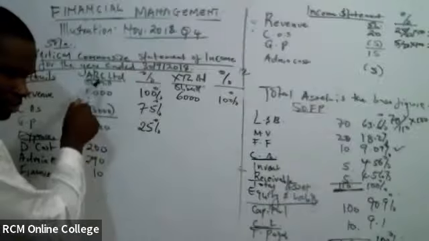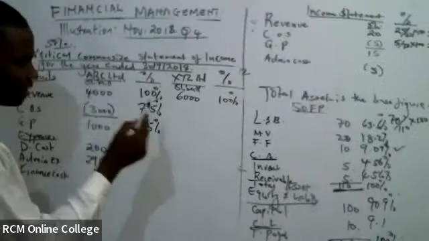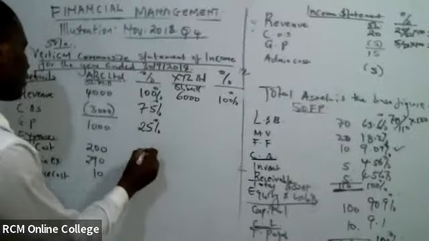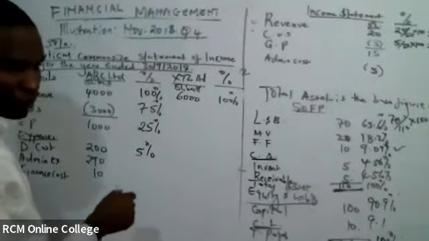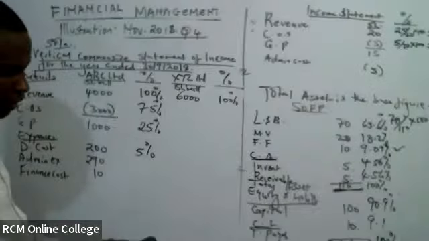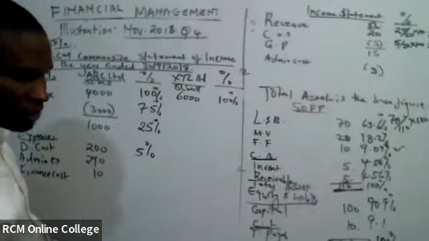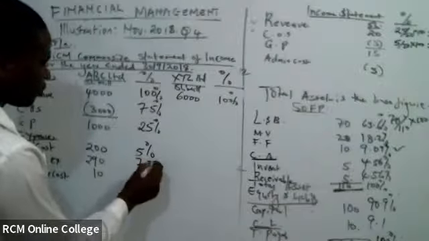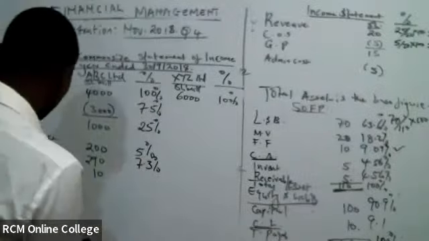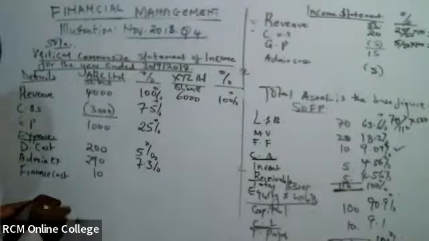Always remember as a percentage of sales, 5%. And then we move to the next one, 290, which is 7.3%, one decimal point is fine. And then the other one for finance cost.